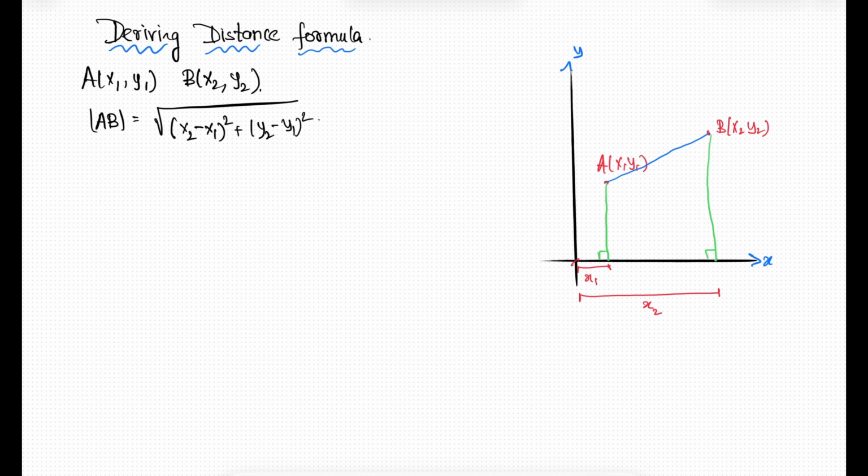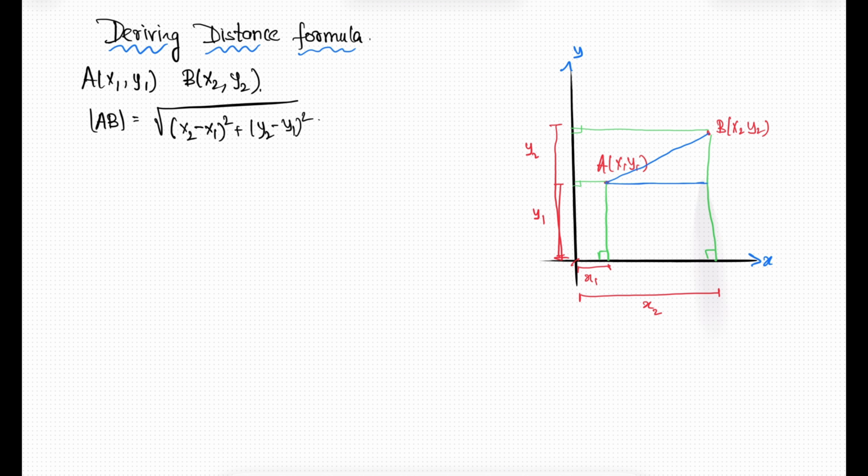Similarly, I can also draw perpendicular lines over here. Right? So the distance from origin to this point is y1 and the distance from the origin to this point would be y2.